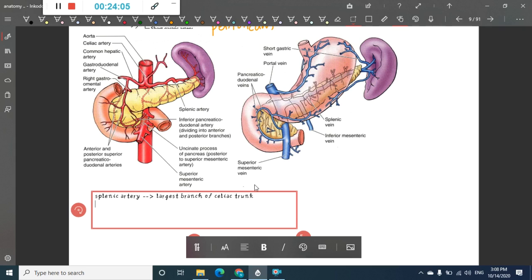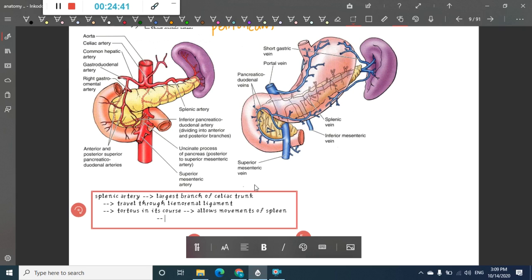There are some important points about splenic artery. It travels through the lienorenal ligament. It is a content of lienorenal ligament. It is tortuous in its course. Why is it tortuous? What is its significance? Because it is tortuous, it will allow movements of the spleen. At least some movements of spleen are allowed because of this tortuosity.